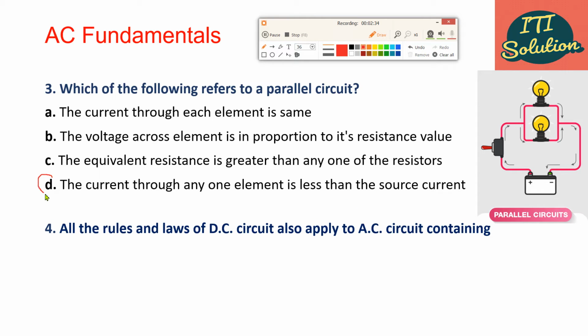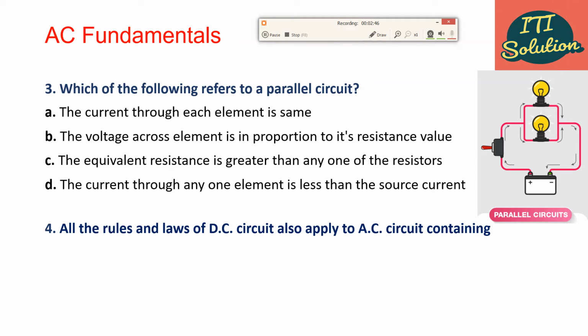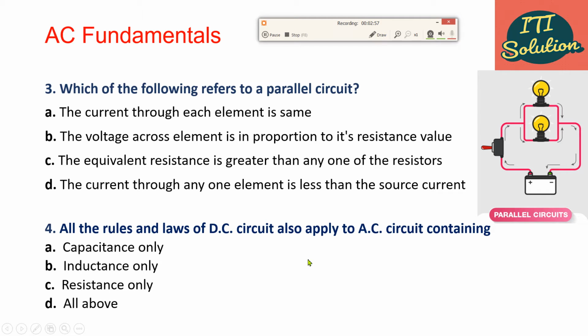Correct answer is option D, because the total circuit current is equal to the sum of the individual branch currents. Clear? Next question.